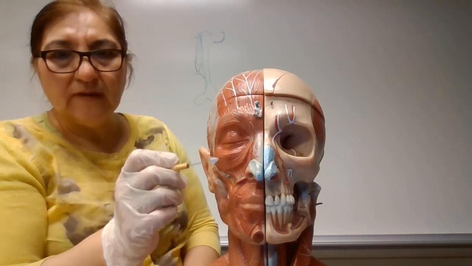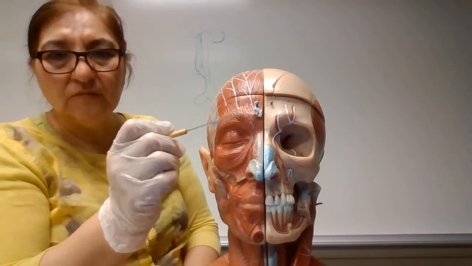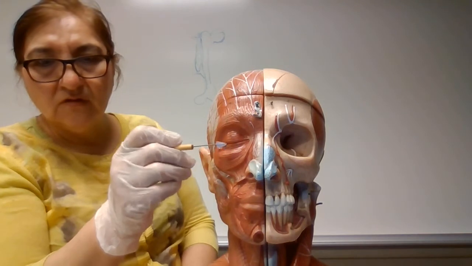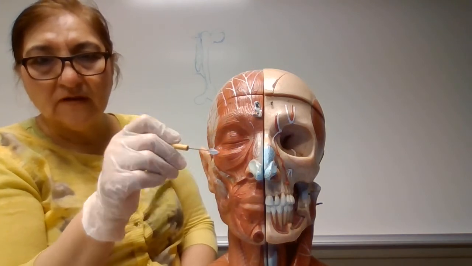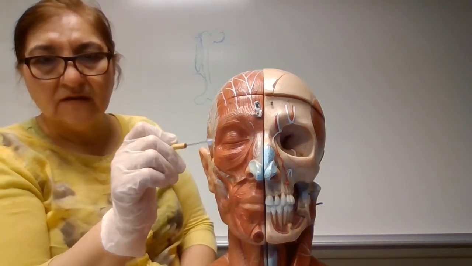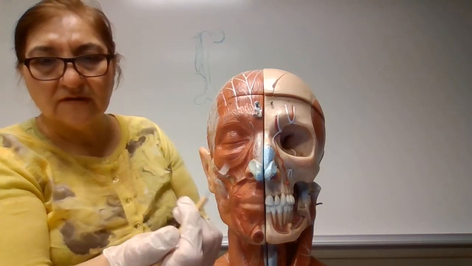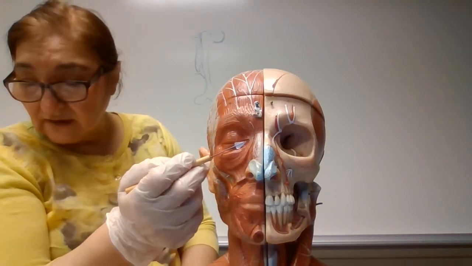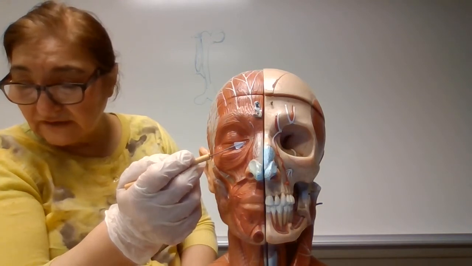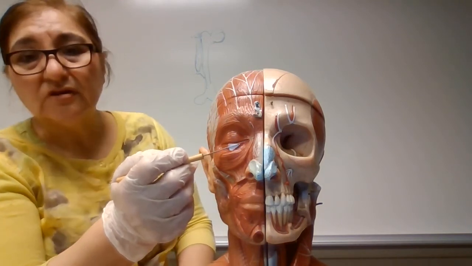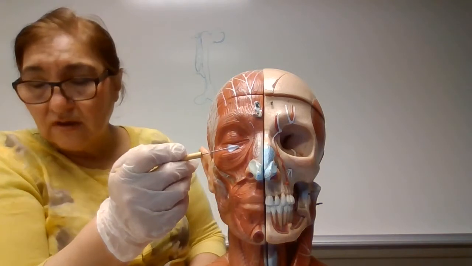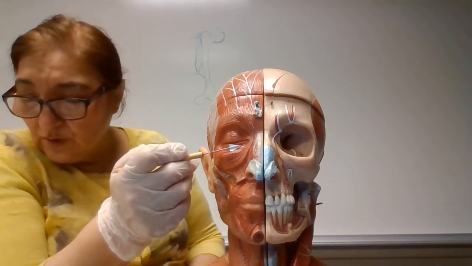That's called orbicularis oculi. Oculi means eye. Orbicularis, orbital. The origin has three portions: O, P, L.